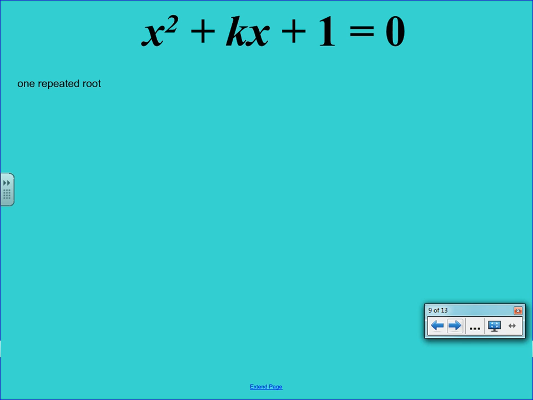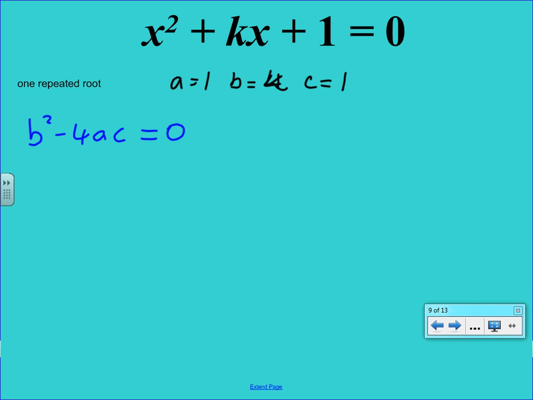A is 1. What is b? B is k. Yep, the amount of k, not 4. Oh, sorry. And c is 1, yeah. A is the amount of x squared, b is the amount of x, c is the amount of 1. And what we know is that one repeated root means b squared minus 4ac is 0.